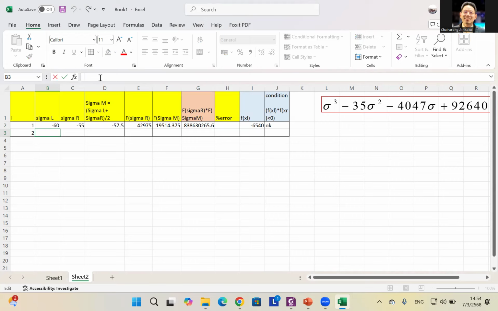If we do something like this, Excel will not help us, right? So we may set up the condition in this cell. It may be something like this: if this is greater than 0, then this cell should be this, and if not, it should be this value.